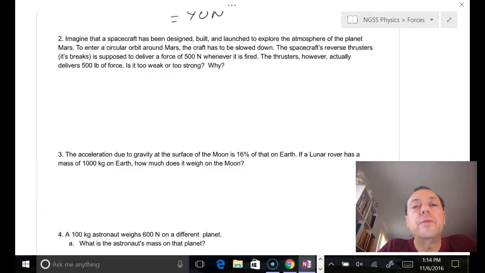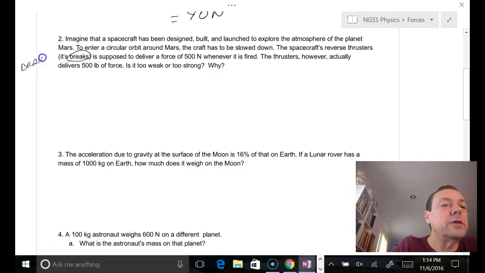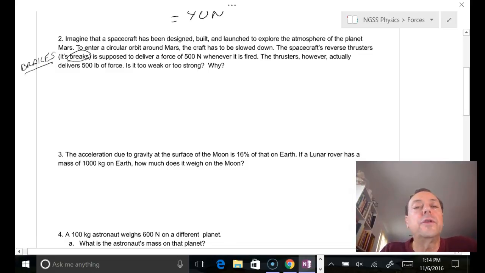Imagine that a spacecraft has been designed, built, and launched to explore the atmosphere of the planet Mars. To enter a circular orbit around Mars, the craft has to be slowed down. The spacecraft's reverse thrusters, its brakes, is supposed to deliver a force of 500 newtons whenever it's fired.